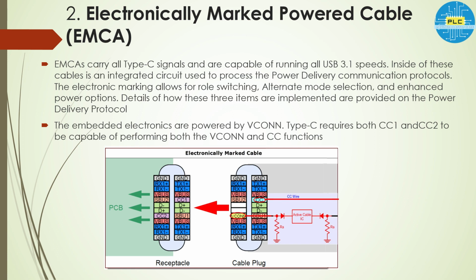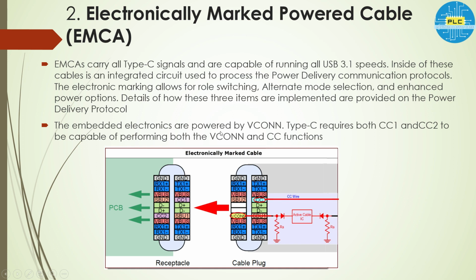It has a circuit used to process the power delivery communication. The electronic marking allows for role switching, alternate mode selections, and enhanced power options. See, enhanced power options we are using in our laptops. Details of how these three items are implemented are provided in the power delivery protocol.